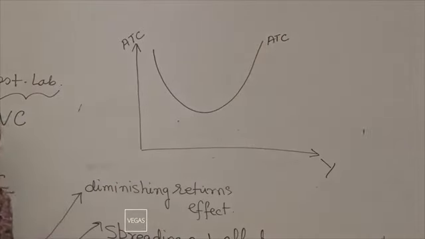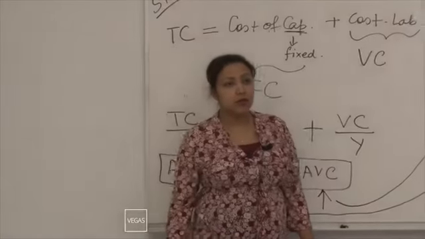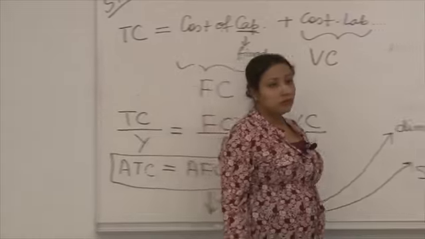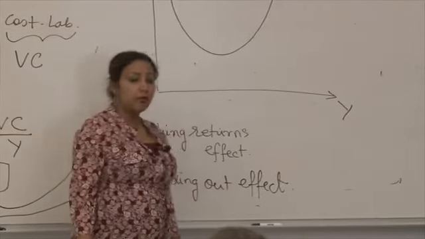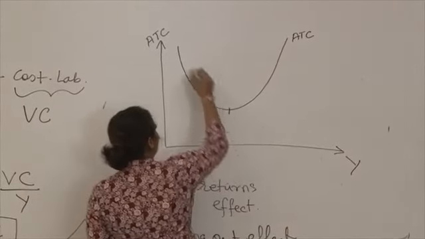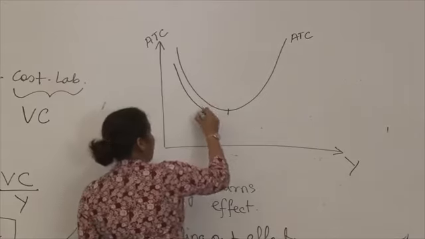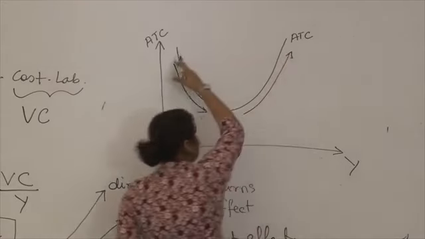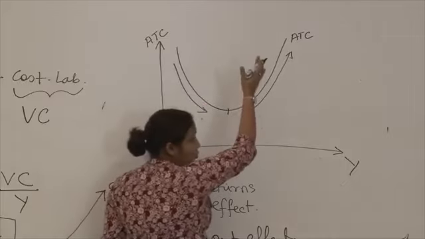For some parts it should be coming down, for other parts it should be going up. It looks like a U shape. So this is the part where the ATC is falling, and that is the part where the ATC is rising. This is the downward sloping part, that's the upward sloping part.